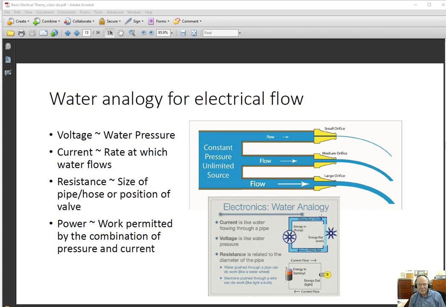If you increase the pressure that pushes the current over there, it's also going to work harder. Sort of like sometimes you increase the pressure on something and you can wash the dirt off your car better. The combination of the amount of water pressure and the current flow determines how much work you can get out of that water wheel.